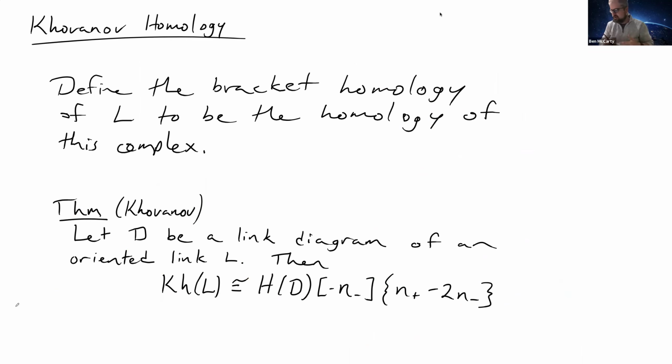And it's a theorem going back to Khovanov that the homology theory that we want, that's actually an invariant of the link, invariant under the Reidemeister moves, is this bracket homology shifted, and I'm using Bar-Natan's grading shift notation, shifted by the number of negative crossings in the homological grading, and this term n plus minus 2n minus in the quantum grading. So that's all for a classical link.